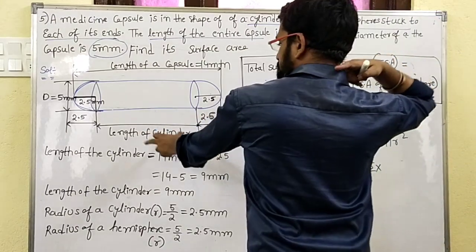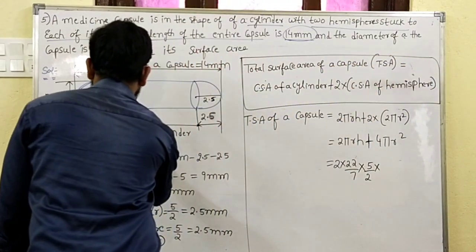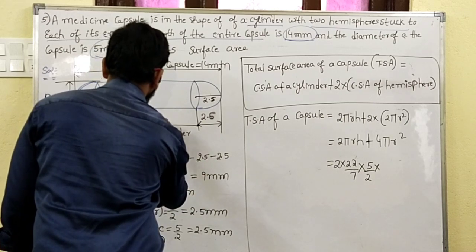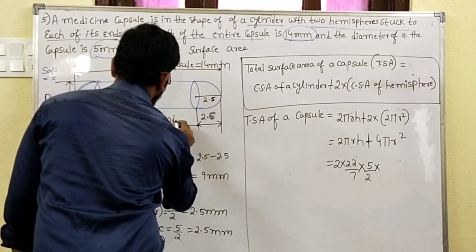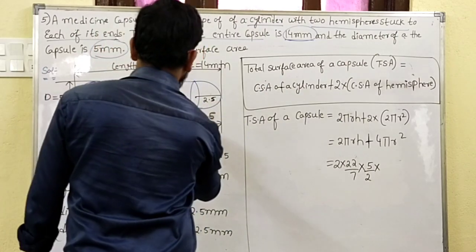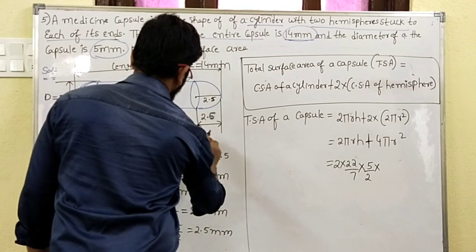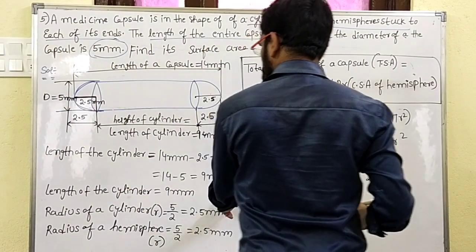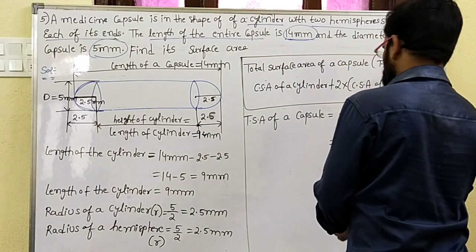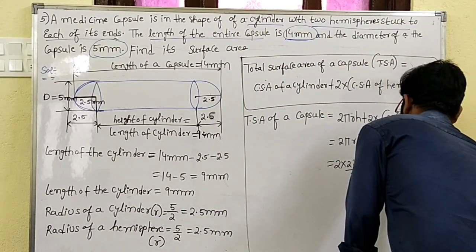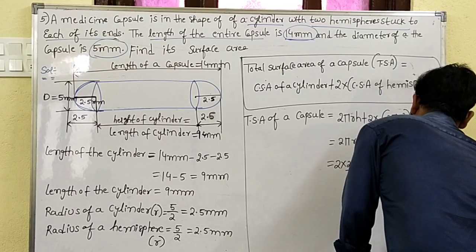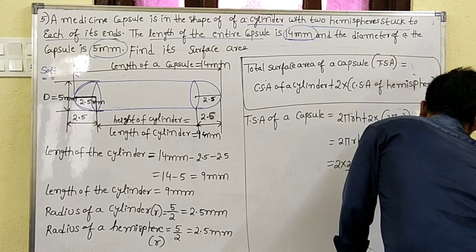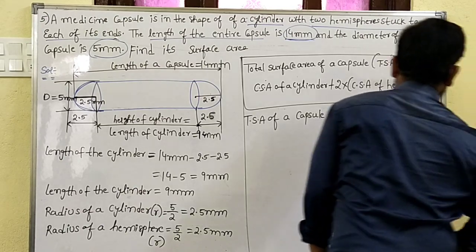The height and the length of a cylinder are the same. Both are the same, and that is 9 mm. So that is 9 plus 4 into 22 by 7 into the radius 5 by 2 whole square.